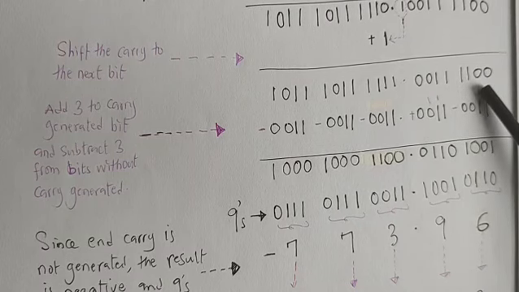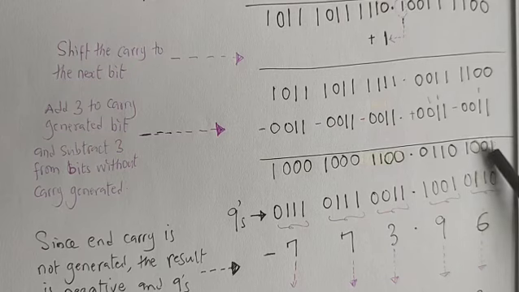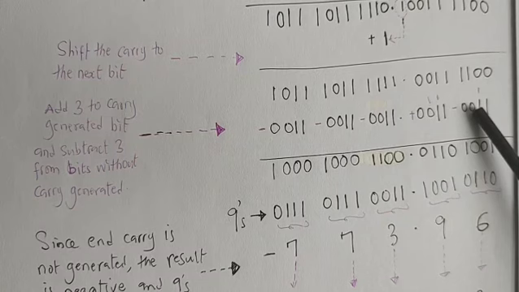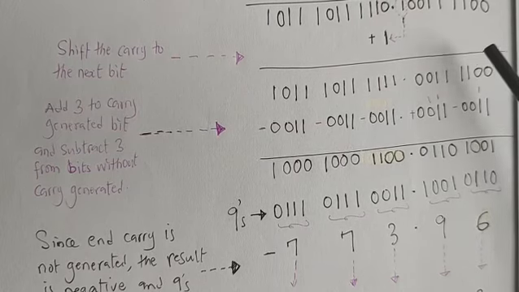Now I say 0 minus 1 minus 1. This is going to give us 0. Right? It's more like saying 1 minus 1. You're going to get 0. Now you say 1 minus 0. You're going to get 1.